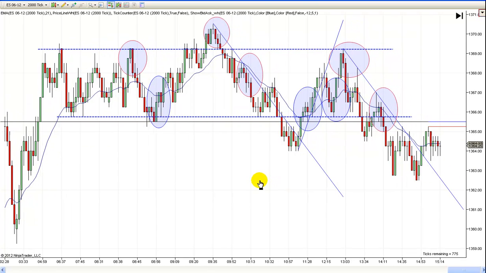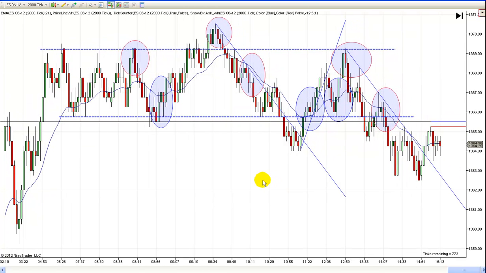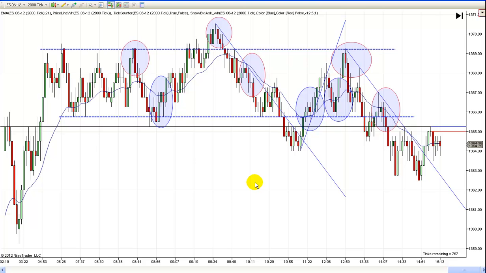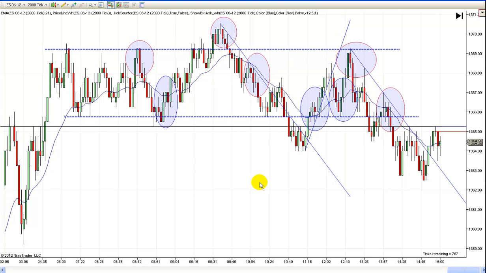I love these kind of days, and you've got to learn to recognize these if you haven't already, and realize that they're fairly easy trading days. Most people struggle because just about the time they get short, prices reverse, and then about the time it gets up here, they decide it's time to get long. And then they reverse. They come back down, they try to decide to get short again, and it reverses on them.